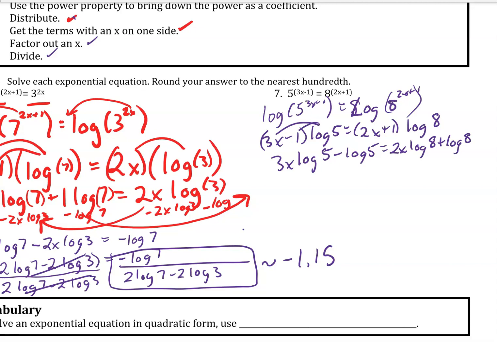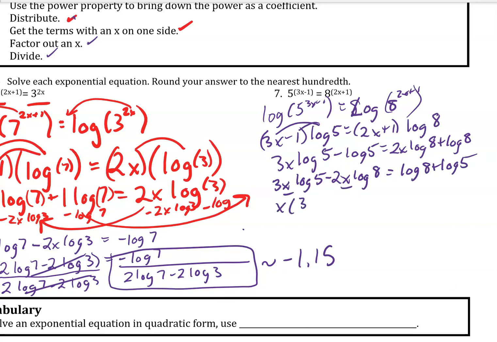I'm not going to write out the subtraction, but I'm going to go ahead and move my x terms to one side and my non-x terms to the other. So I get 3x log 5 minus 2x log 8 equals log 8 plus log 5. I'm going to factor out my x.